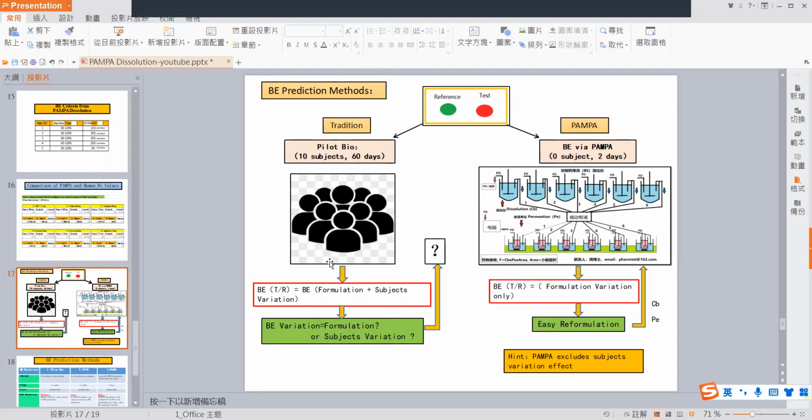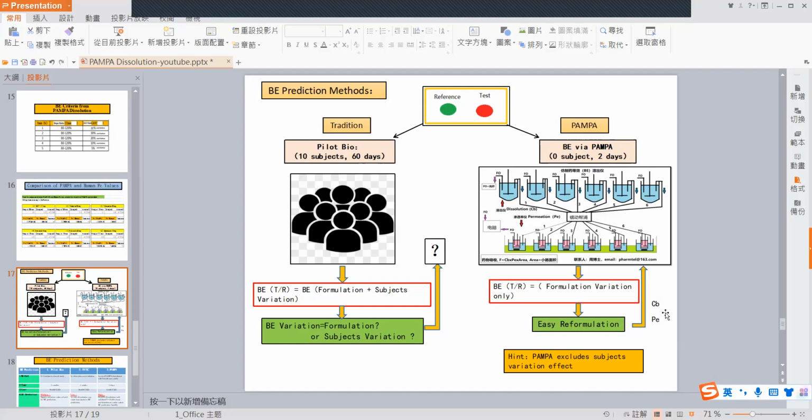That's why by using this traditional prediction, your accuracy is lower than 50%, because you have two variations combined in the BE data you receive. So you still need to guess what's going on, right? However, if you use PAMPA, there's no subject variation, only formulation variation. That gives us an easy reformulation because you have direct Peff comparison, CV comparison, and PE comparison shown, right?